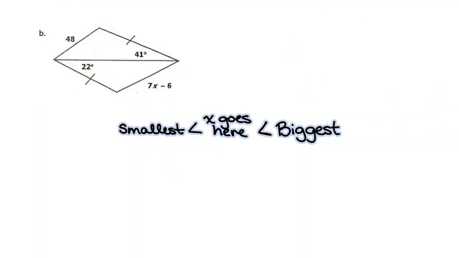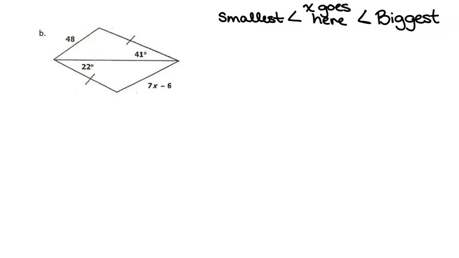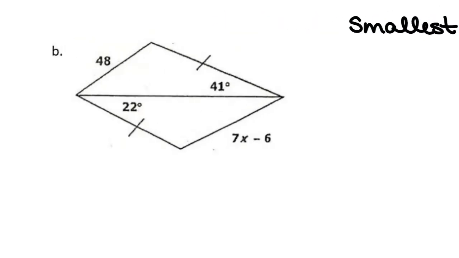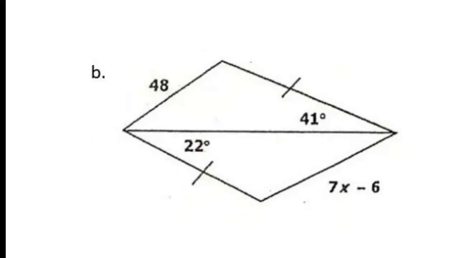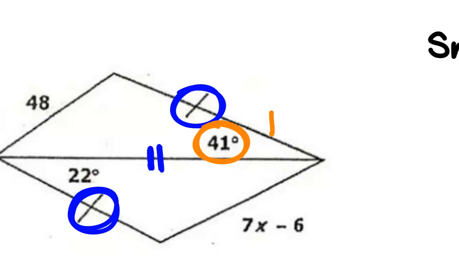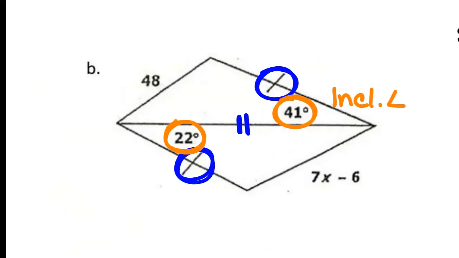So I'm going to put this down. Can I use the hinge theorem here? Tell me why. Yep, I've got these sides that are marked as congruent, and then where's my other side? The shared side, yes. Here's an included angle. And here's an included angle.